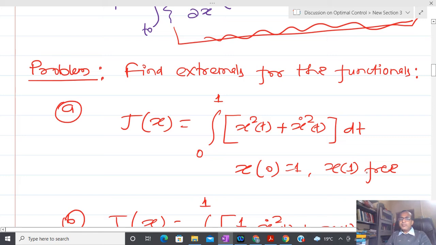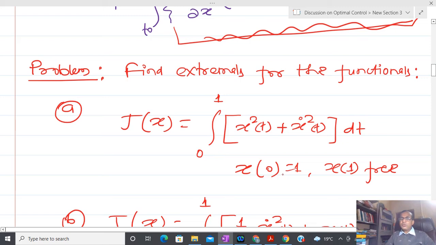Priyanka, could you please tell me by seeing this example? Suppose this kind of question is provided to you. What kind of interpretation can I give? Sir, the initial value x0 is known to me. Okay, so the value at 1 is free, what does it mean?